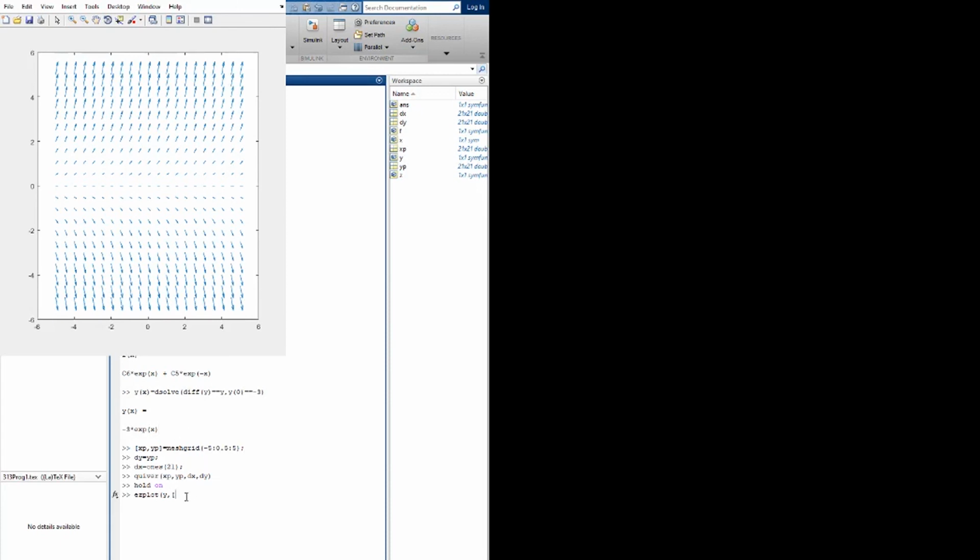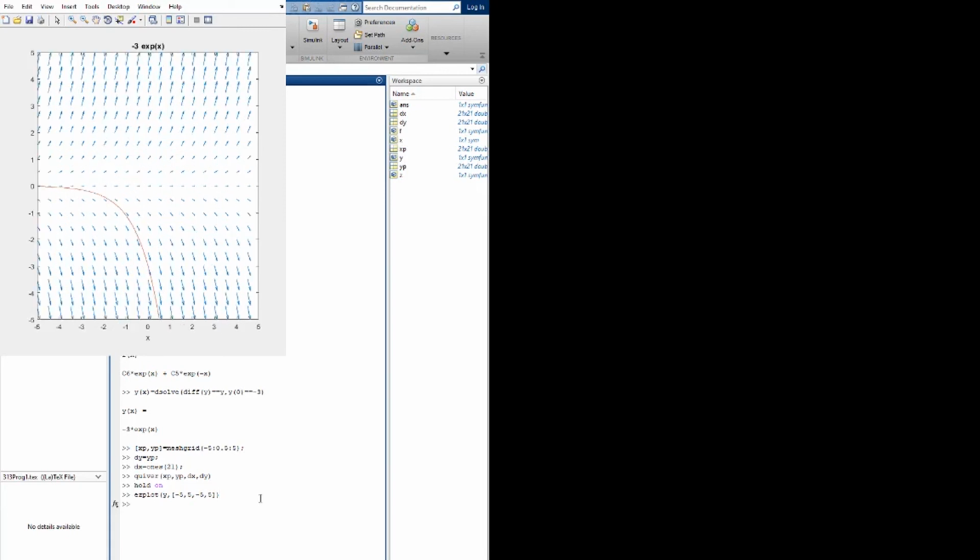And I want to match the same x and y range so that it doesn't mess up anything on the graph. And that's actually why we're using EasyPlot. It makes inputting your x and y range really easy, because now it's just going to have x between -5 and 5 and y between -5 and 5, and then I can write hold off.